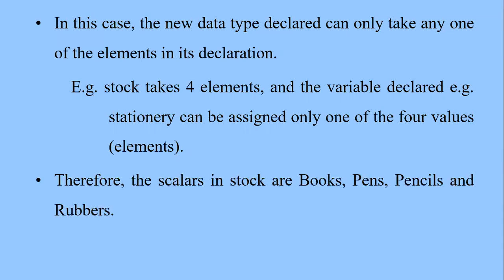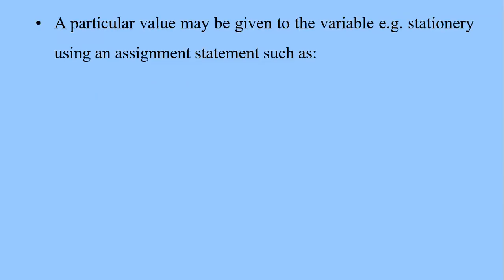Therefore, the scalars in stock are books, pens, pencils, and rubbers. A particular value may be given to the variable, for example, stationery using an assignment statement, such as assign pens to stationery.